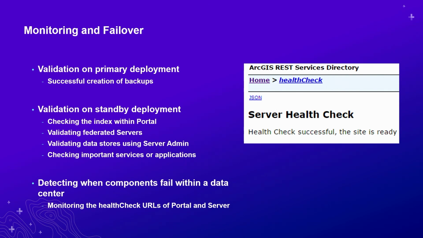When you're restoring to your standby deployment, there's of course a bit more information that would give you a good picture of whether the standby is healthy, has been restored correctly, and can be promoted to primary whenever need be. This would be checking to make sure that the index within Portal is in sync, validating any federated servers, validating data stores using the Server Admin API, and even checking any important services or applications.